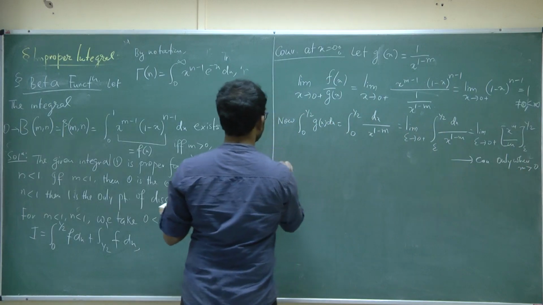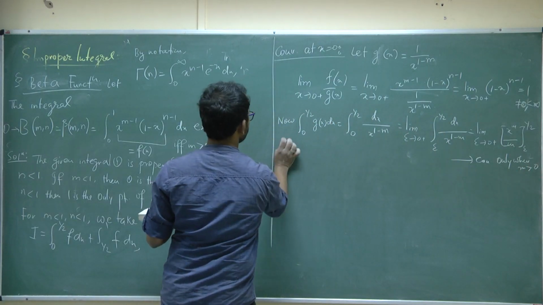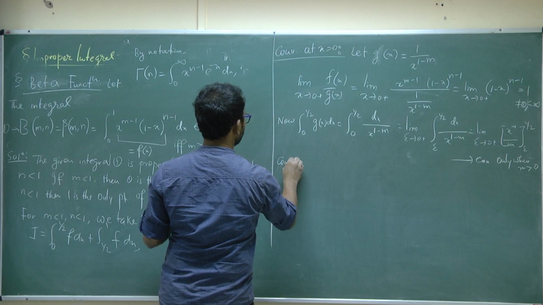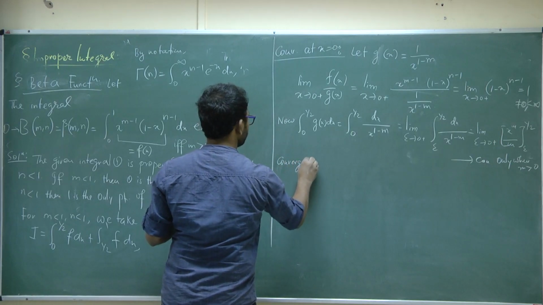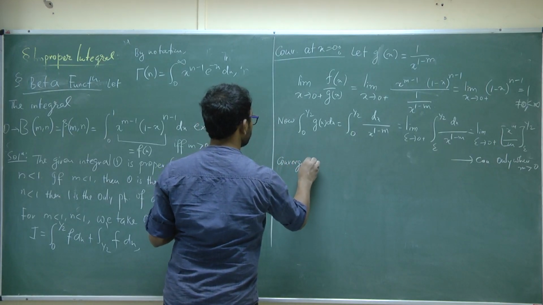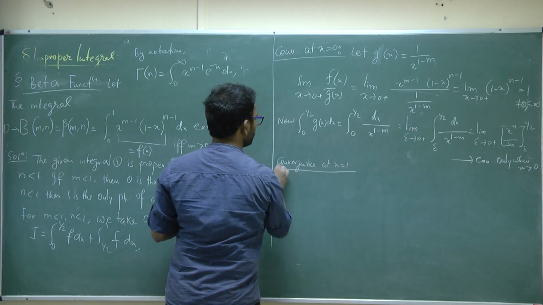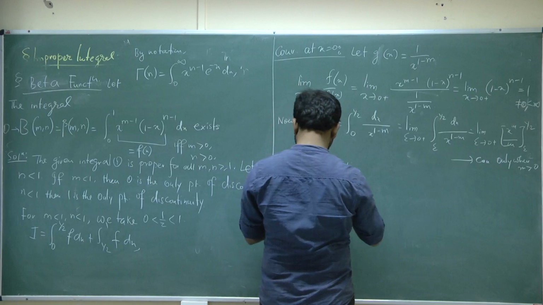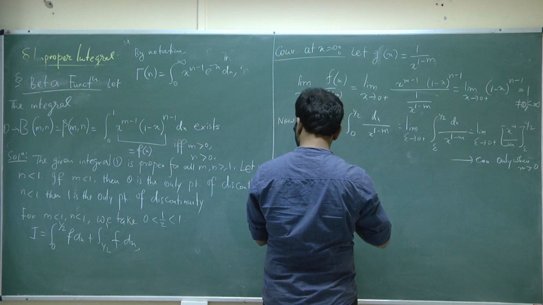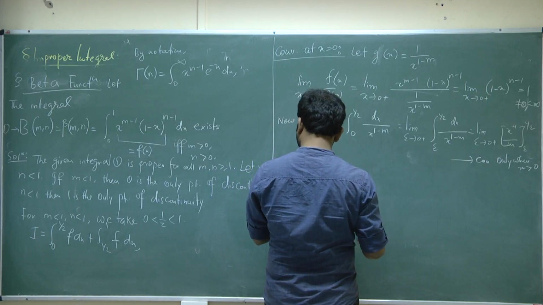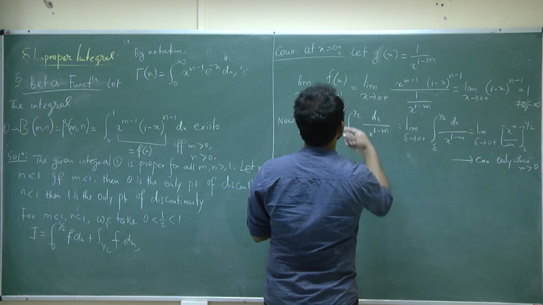Next, we will check convergence at x equals 1. So, if we are checking the convergence at x equals 1, we will choose f(x) we have already chosen.